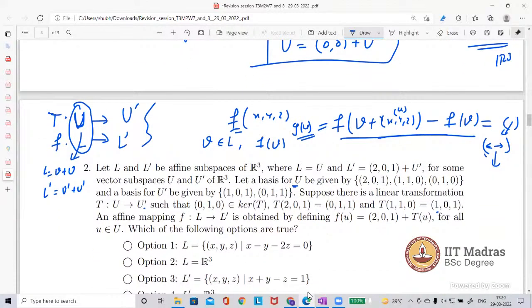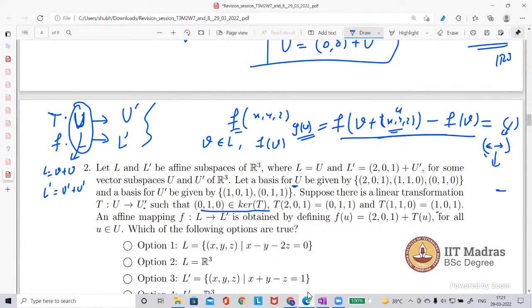But surely T should be given somewhere. Sir, what is xyz here? XYZ is a single vector u. See, u is a single vector; I am dealing with R3, so this is like a general vector.